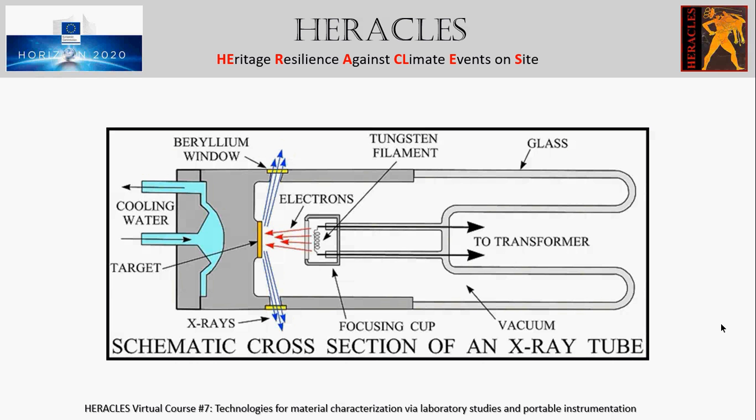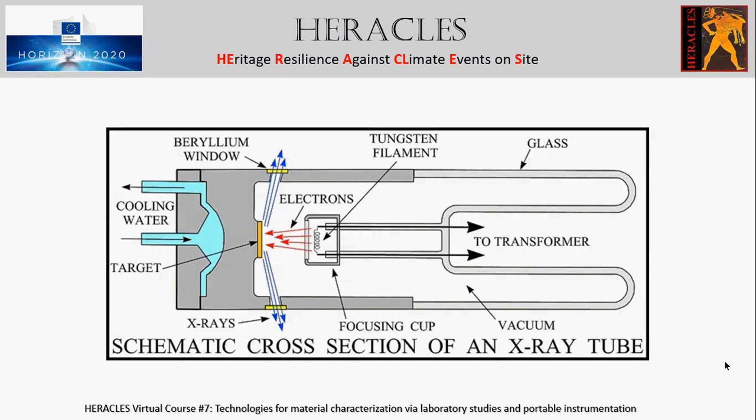When these electrons reach the target, they produce two types of X-rays due to their interaction with this material. They produce the characteristic radiation that results from the excitation of the element of the target, and then the subsequent relaxation through the emission of energy through X-rays that are characteristic of the element of that target.